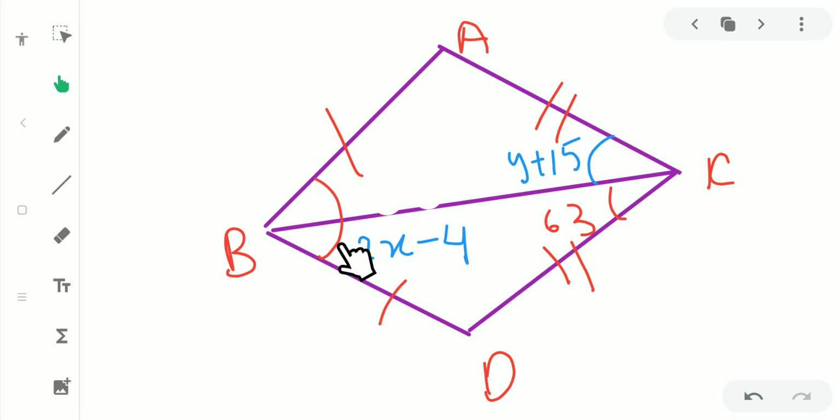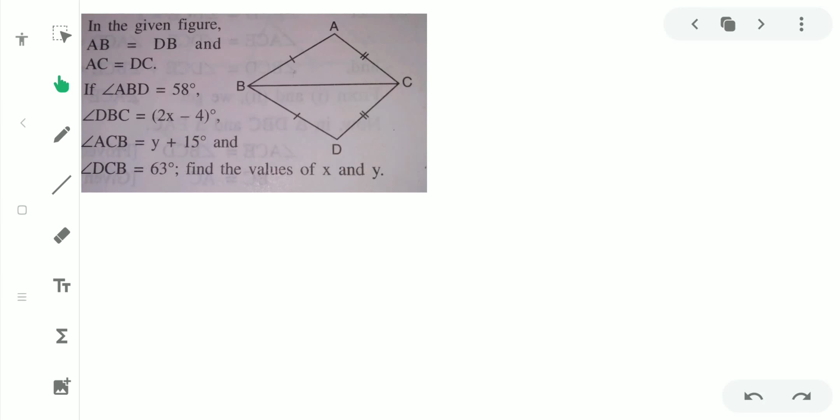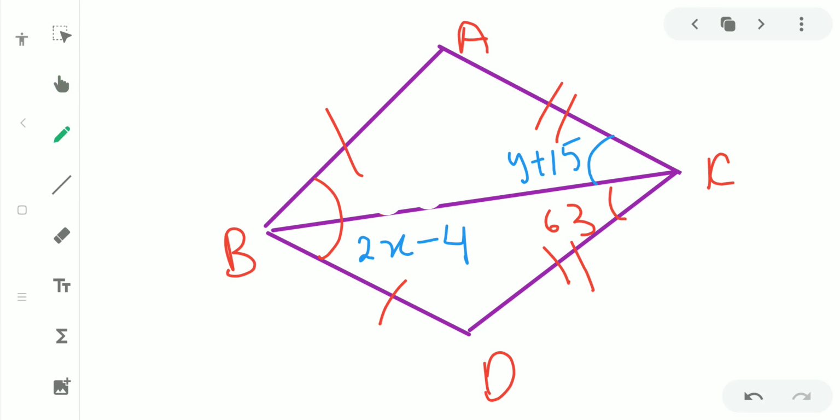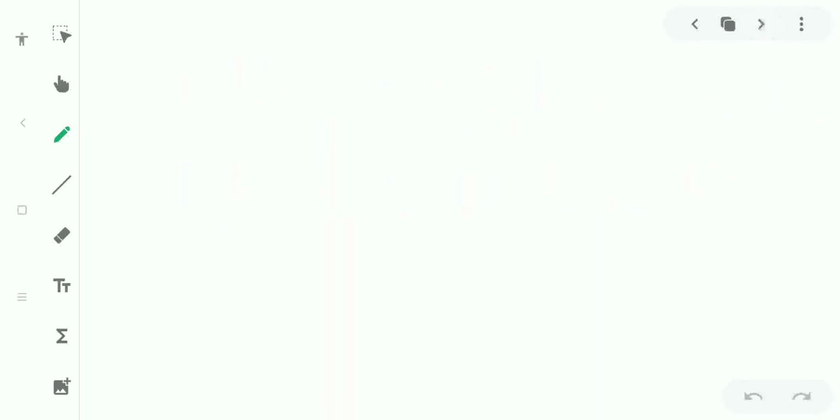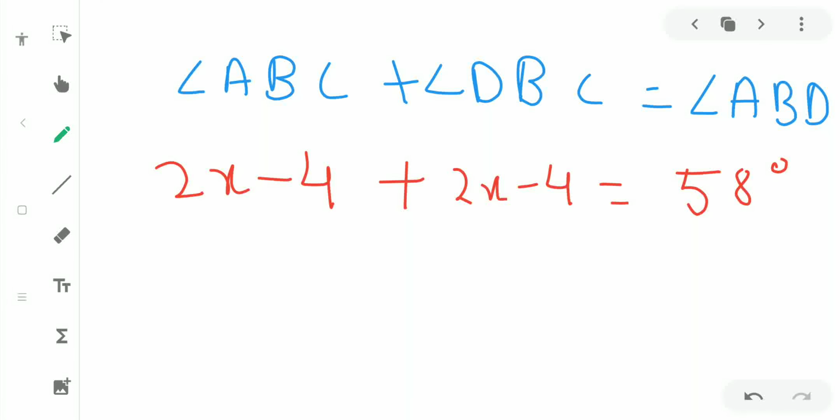But also when we add up this whole angle, we have 58 degree. So this whole will be 58 degree and this also will be 2x minus 4 degree. So I have done here 2x minus 4 plus 2x minus 4 is equal to 58 degree.